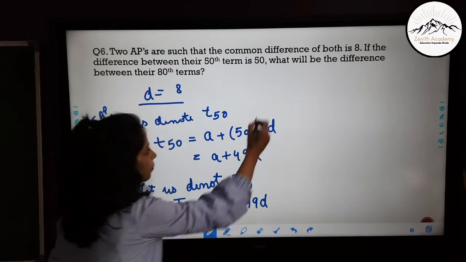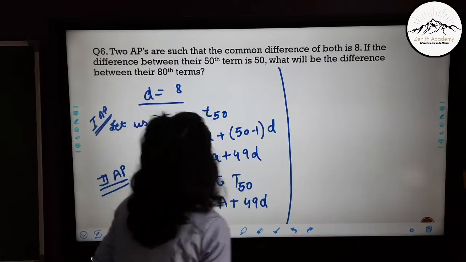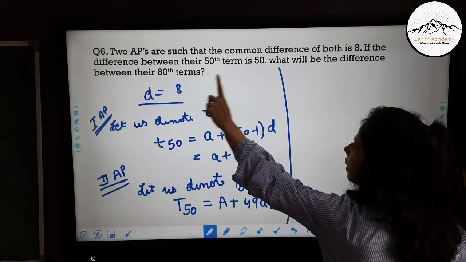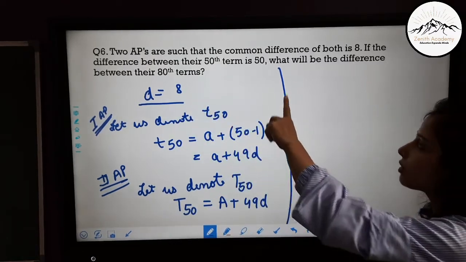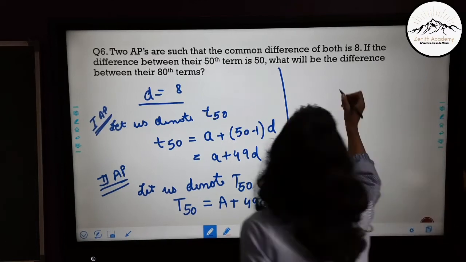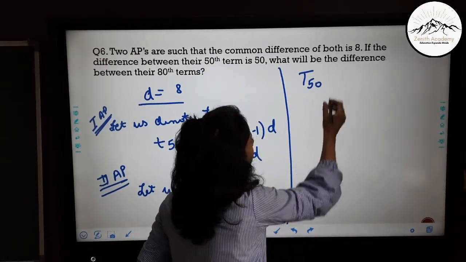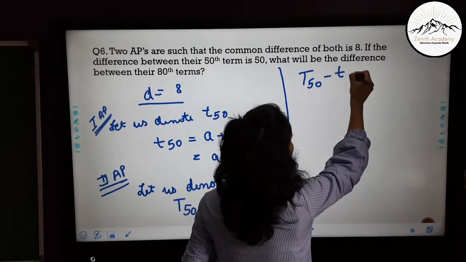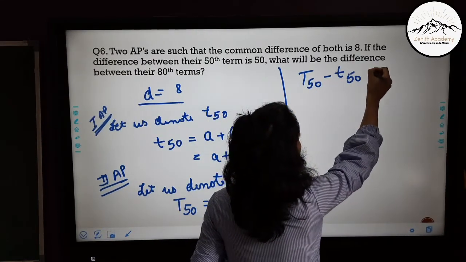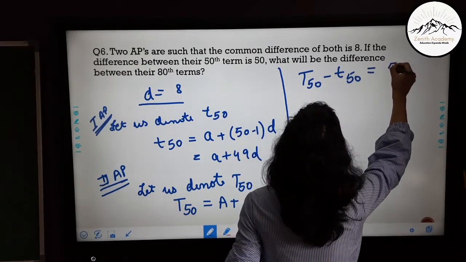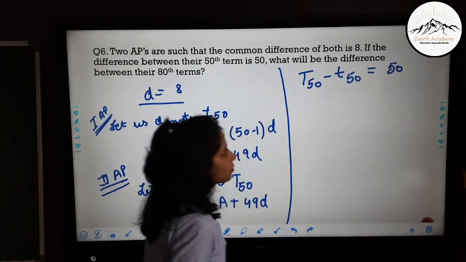So now, when we have written these terms, it is given that the difference between their 50th terms is 50. So this means T50 minus t50 is 50.